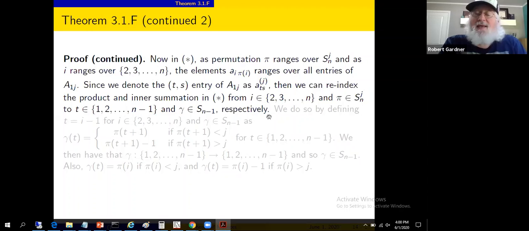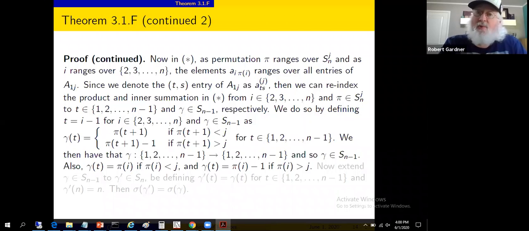So we're trying to get, like I told you, the indices to run from not 2 to n, but 1 to n minus 1, and trying to get the permutation to come not from S sub n, but from S sub n minus 1. All right, so we're going to do a bunch of introducing of permutations and computations of those permutations to get this done. This will be tedious. The big picture, though, is I'm just reindexing and trying to make it look like a determinant in the appropriate setting for an n minus 1 by n minus 1 matrix.